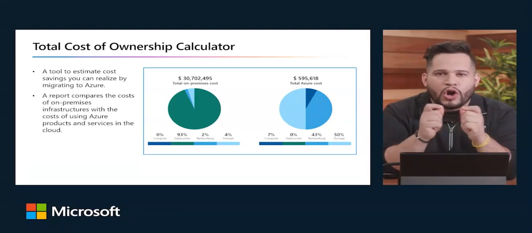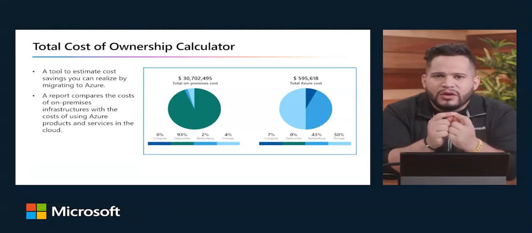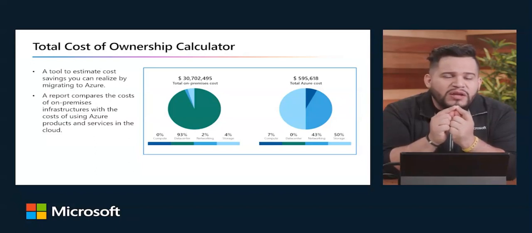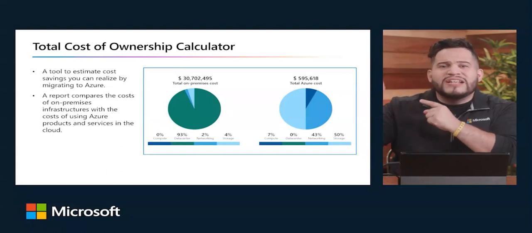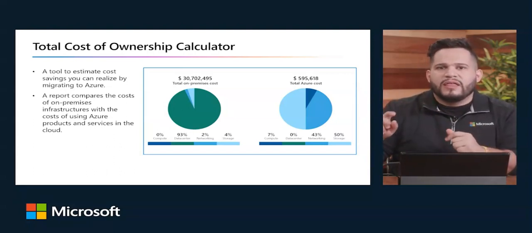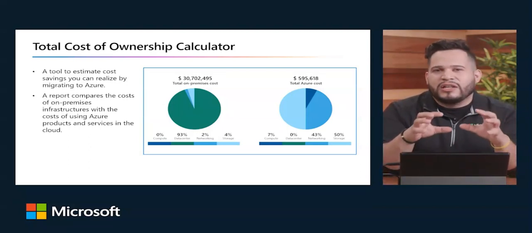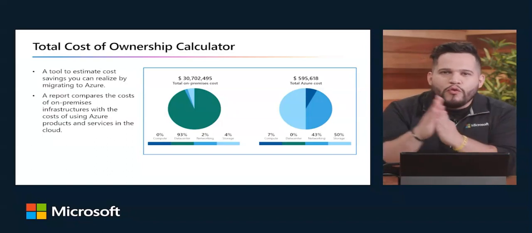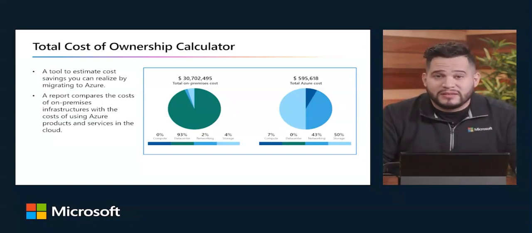look at the total cost. That is outstanding savings. We went from a roughly $30 million cost all the way down to under $600,000. That's the power and impact that having this calculator can have. You move to the cloud and you can save millions.